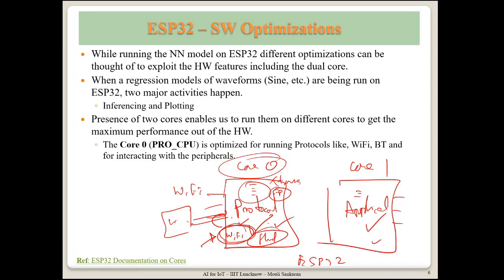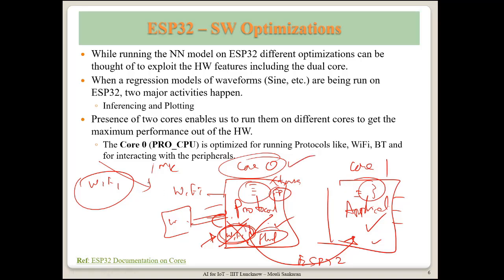Now imagine you are writing code which takes some input from the Wi-Fi, an image is coming, and you want to run the inference engine on the image. You cannot make the Wi-Fi run on the other core, because they might have already taken care of running it only on core 0.